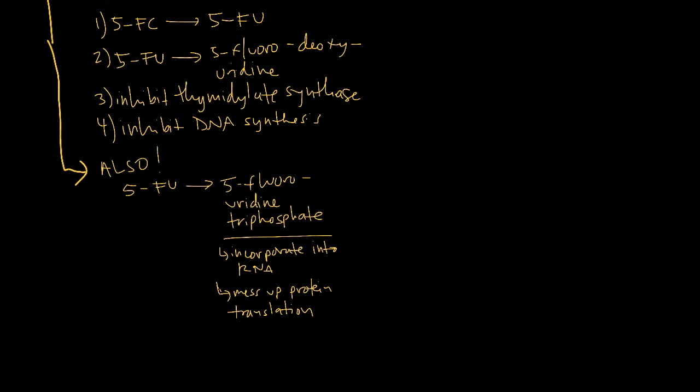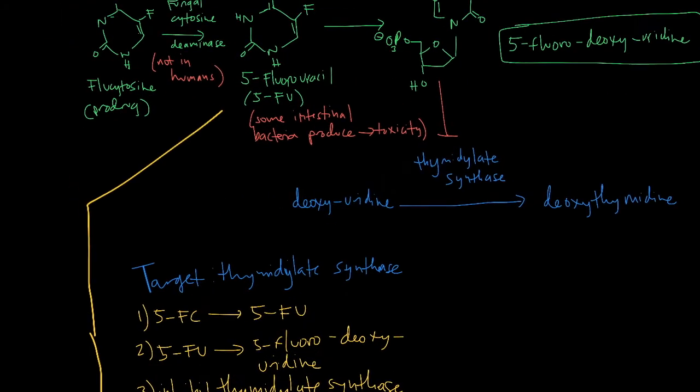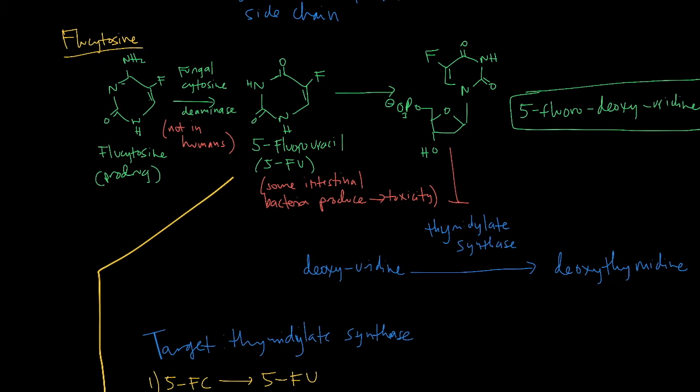Also another important thing: some intestinal bacteria produce 5-fluorouracil, which can produce its toxicities.